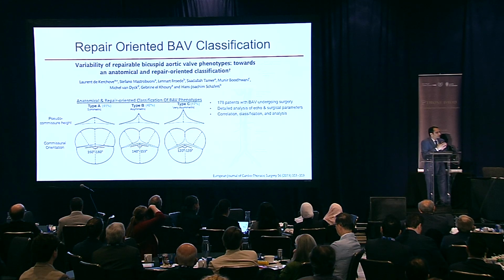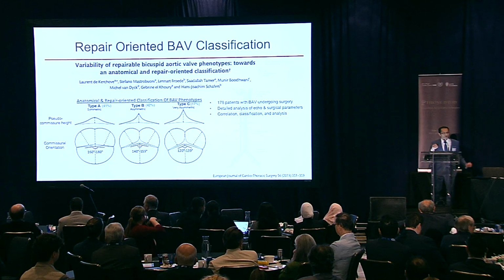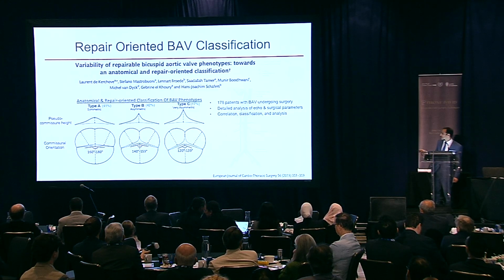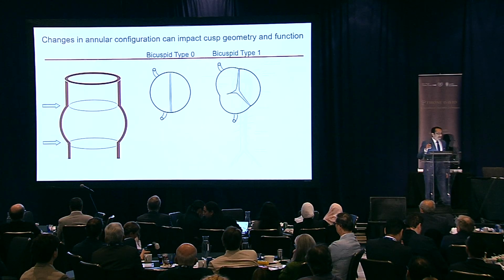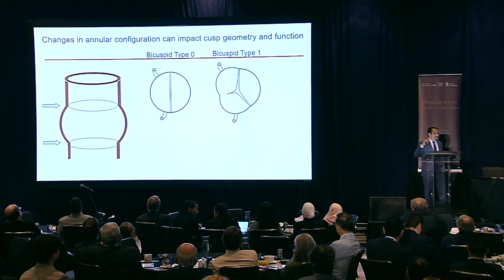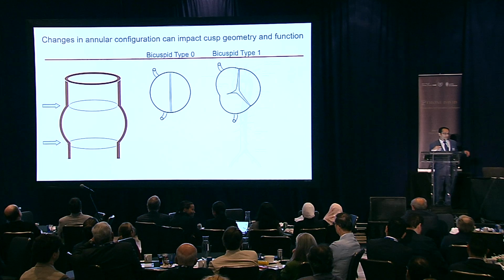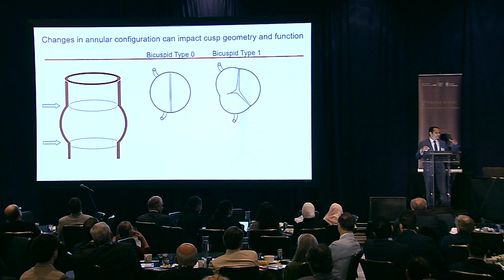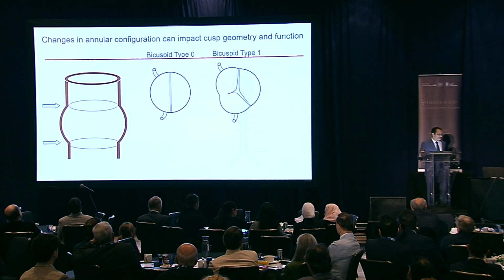So it gives us the true spectrum of entities between a Sievers 0 all the way to a tri-leaflet aortic valve. The principle to realize is that the symmetry or asymmetry for bicuspid aortic valve exists at various levels. It's not simply a sinotubular junction issue, it's also a ventricular aortic junction issue as well as the line of leaflet insertion.